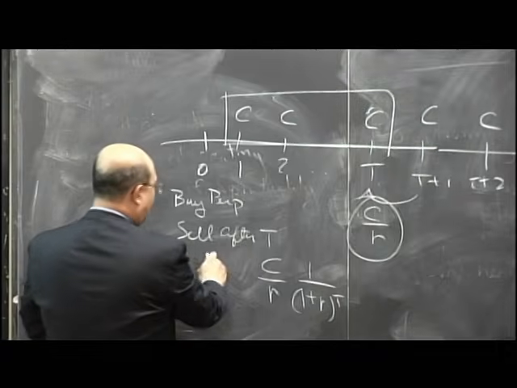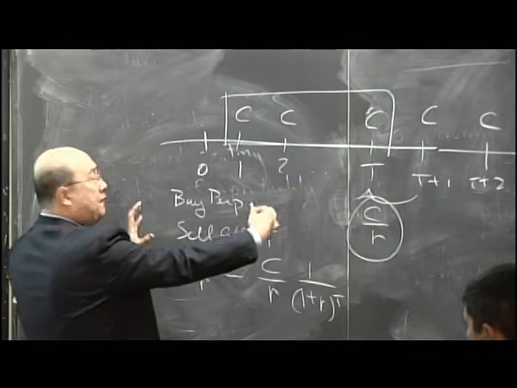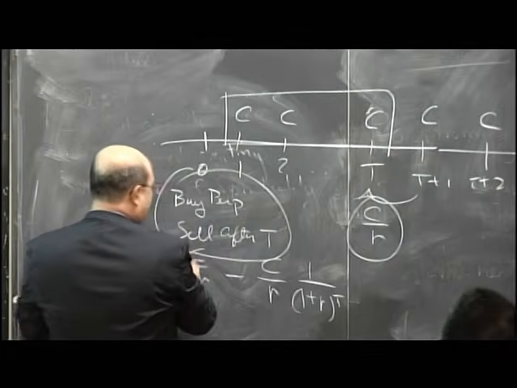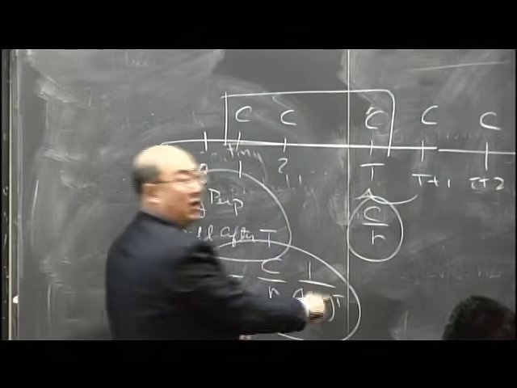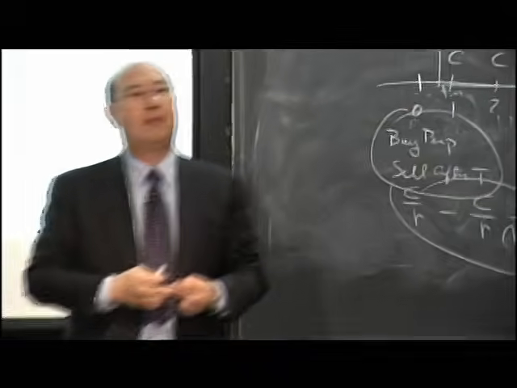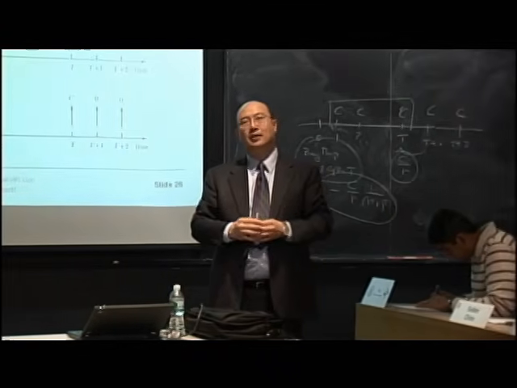And what you paid for it is C over R. So the value of this particular set of actions that you've engaged in is C over R minus C over R times 1 over 1 plus R to the T. That's the annuity discount formula in a nutshell.